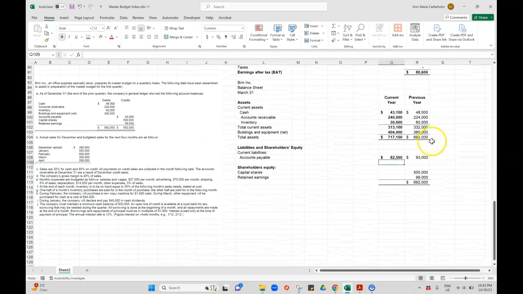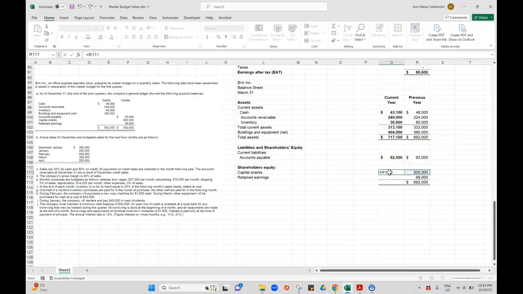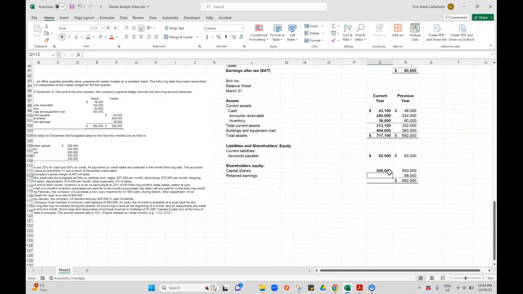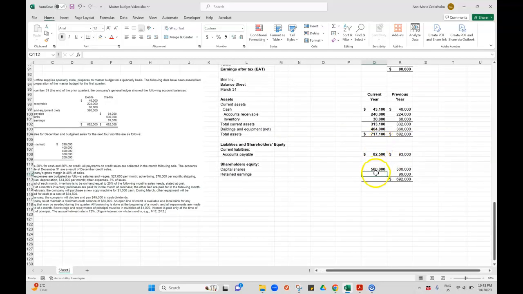Okay, so that's good. Then we can assume that our shares didn't change because if they did, they would tell us. And so I'm going to show you retained earnings two different ways. So I know that my assets equals liabilities and shareholders' equity. So at the end, those have to be the same.